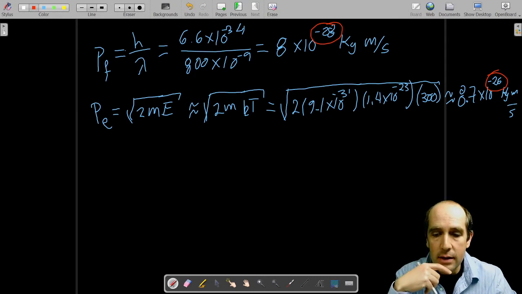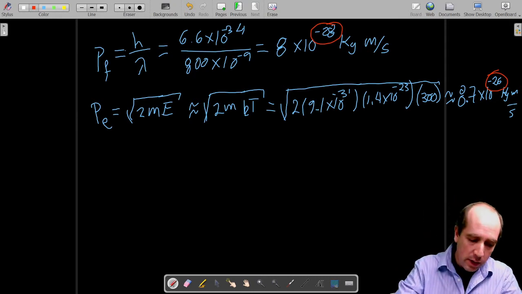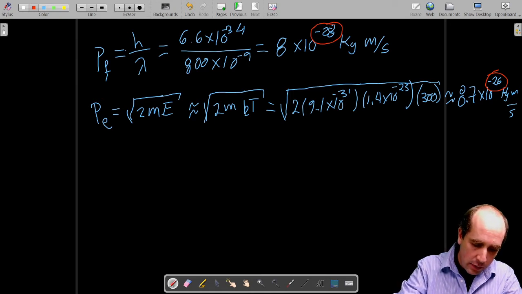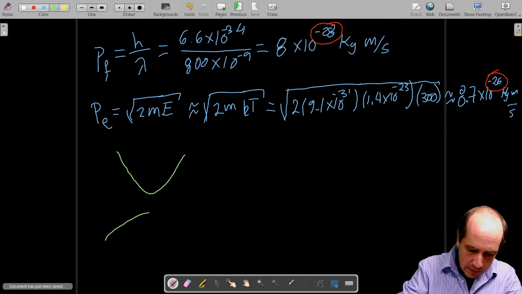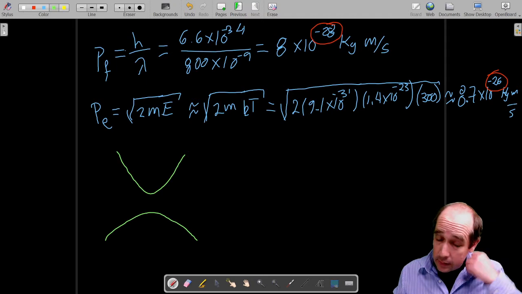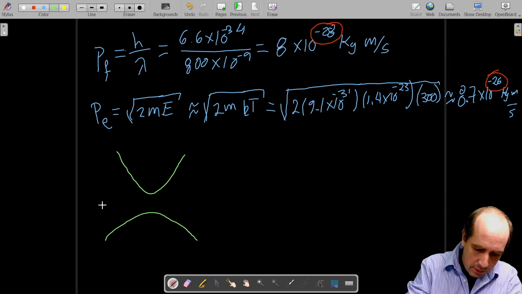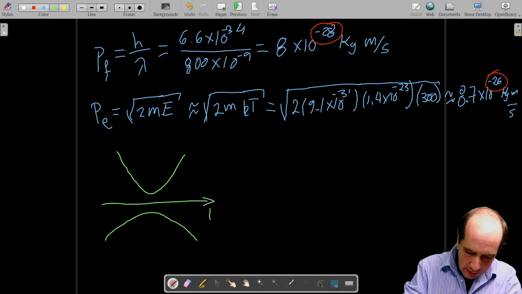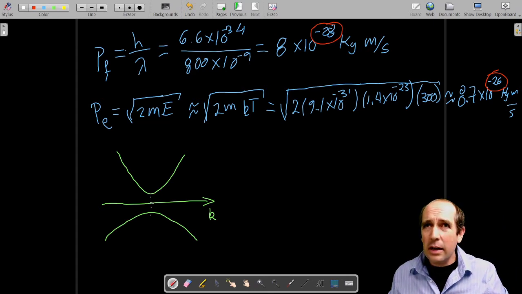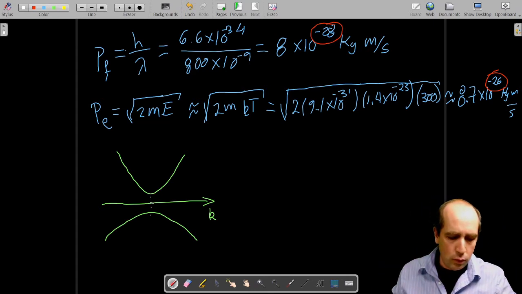One of the things that happens is that we've always put the minimum of the conduction band and the maximum of the valence band aligned with each other. If the k vector is along this direction, we have usually put these two points aligned with each other, but there's actually no reason to do that.